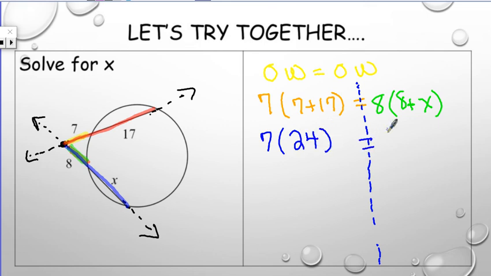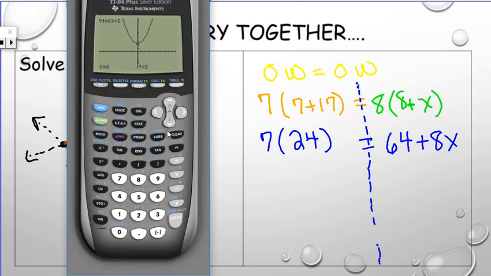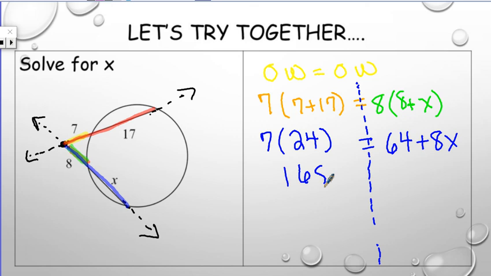And that should equal, with distributive property on the right side, since there's a variable, 64 plus 8x. And now you do 7 times 24. I'm going to get the calculator out to make sure I get this correct. 7 times 24 equals 168.